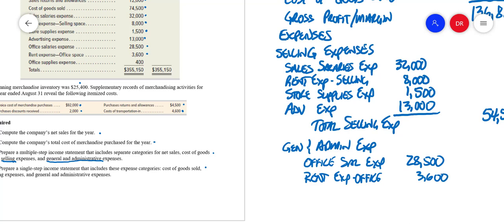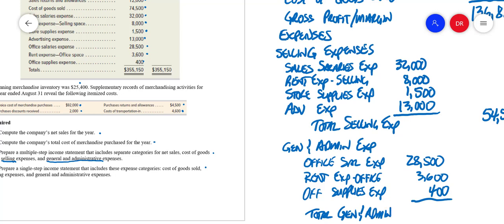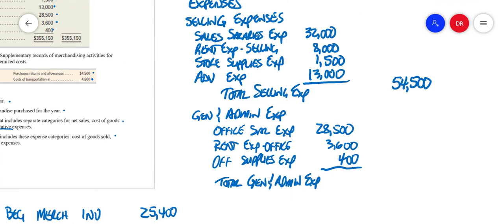The third one will be office supplies expense, which is $400. Okay, then we have total general and admin expense, and this amount will be $32,500.